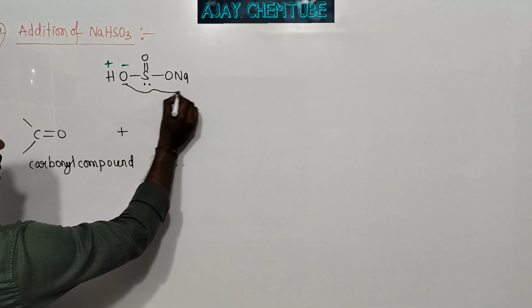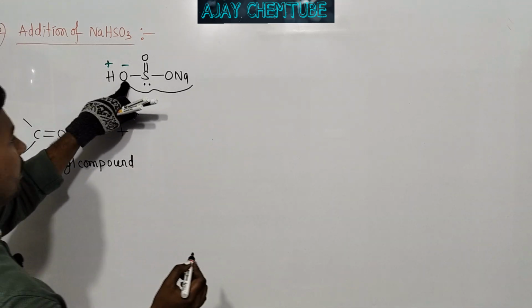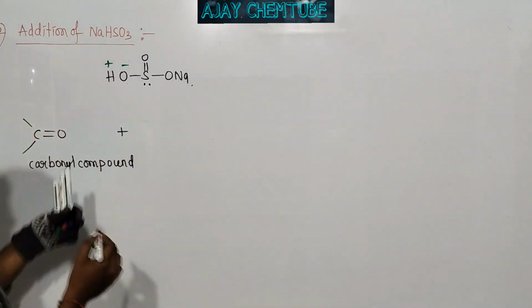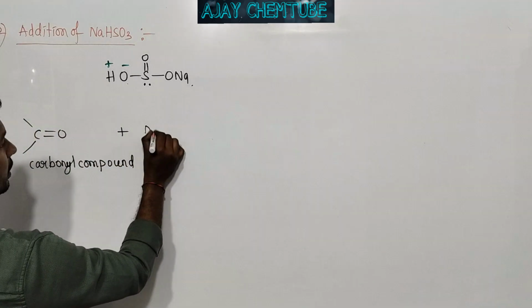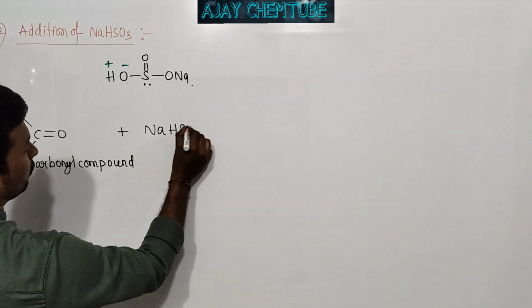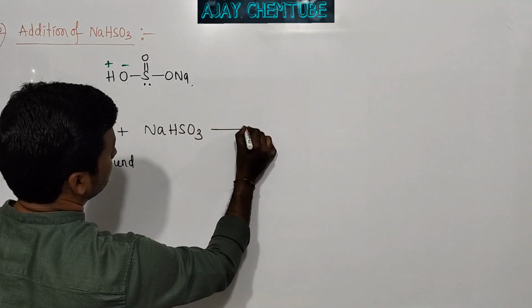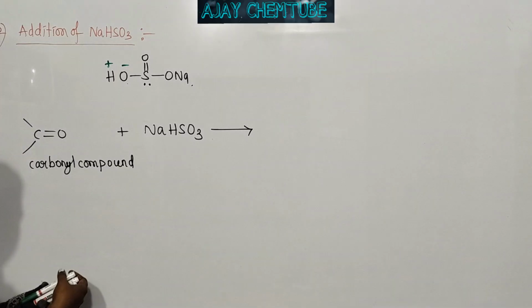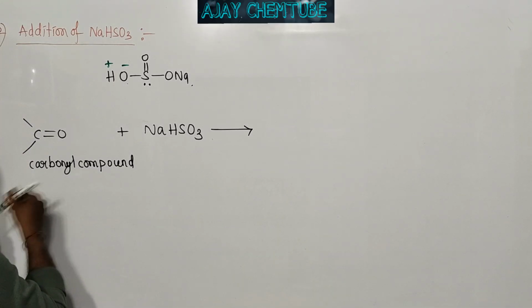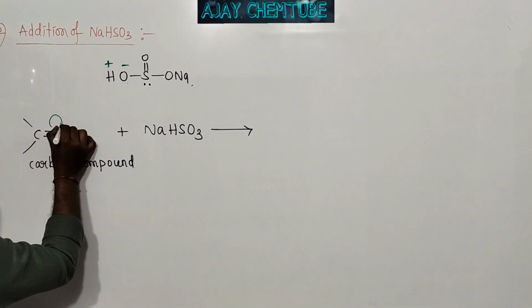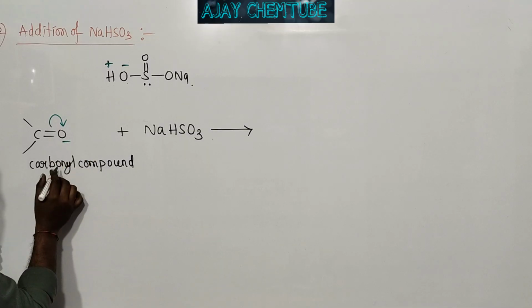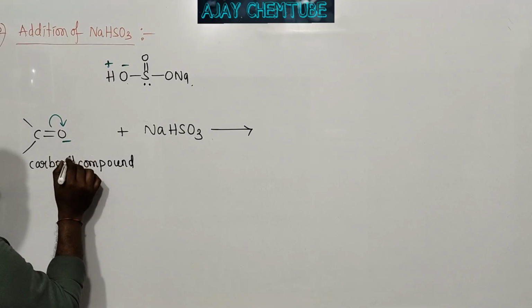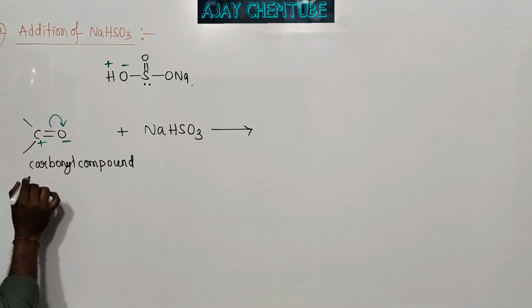That is important. So here the pi bond shifts towards the oxygen, then the oxygen becomes electron rich and this carbon becomes electron deficient.